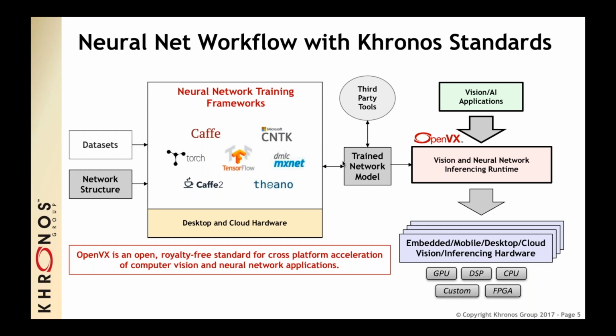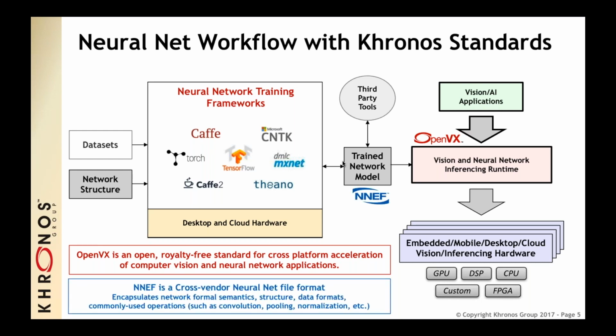There are several deep learning frameworks, built by multiple players, and there are a lot of hardware vendors who have different hardware architectures trying to solve the same problem. And one place where Khronos is working is OpenVX, trying to standardize the API between the application and neural network inference. You're specifying an API there.